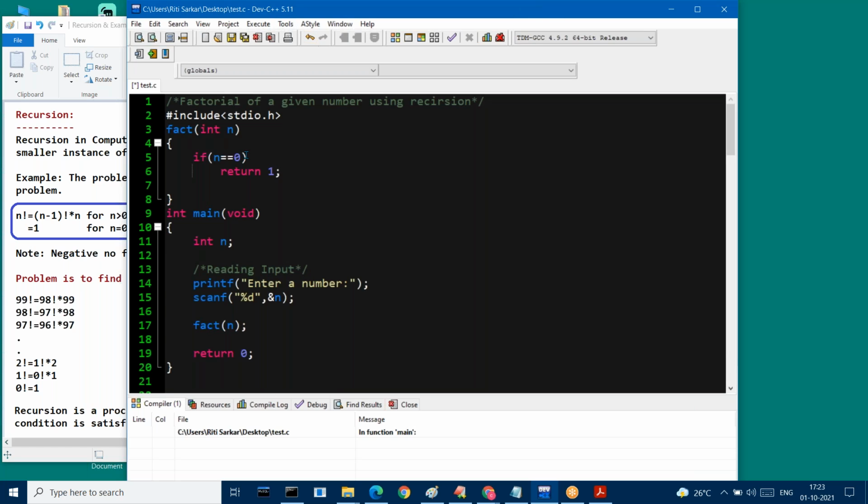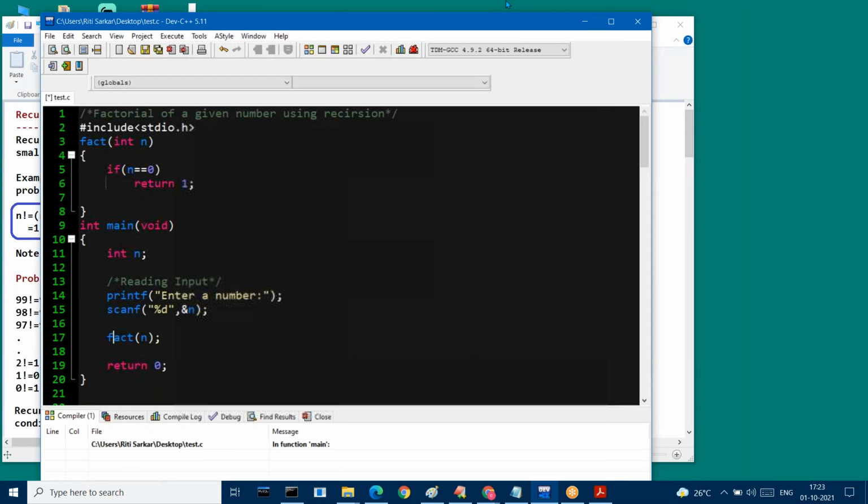Where will this 1 come, guys? Sir, this 1 will come here. But you need to print the value, right? Otherwise, you are not capturing it. You need to print the value. I will write the message here.